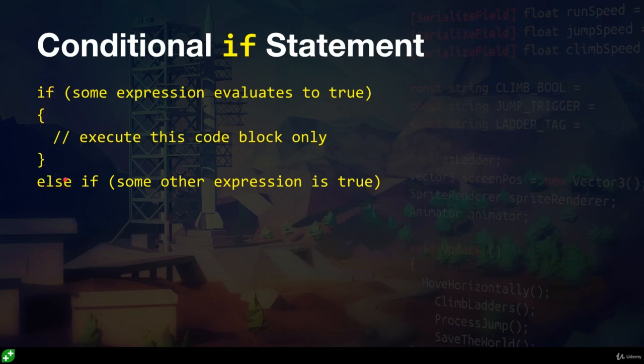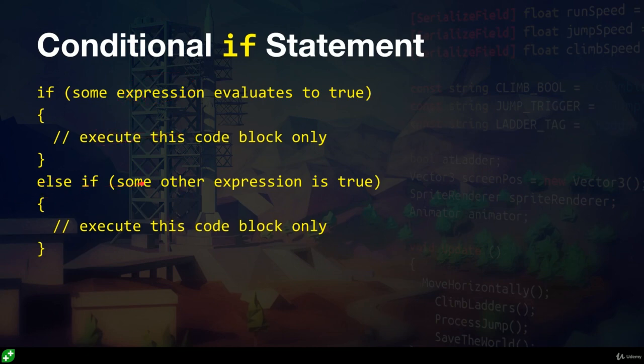Else is another way of saying otherwise. If this is true, do that. Otherwise, or else, do this particular if statement. And that again is if some expression is true, then execute the code within this block. And again, we could have a whole bunch of statements within this code block. We can also have a whole lot of else ifs. So if thing number 1 is true, do that.